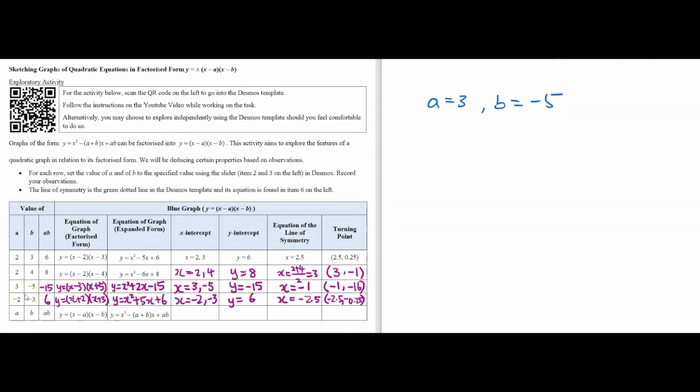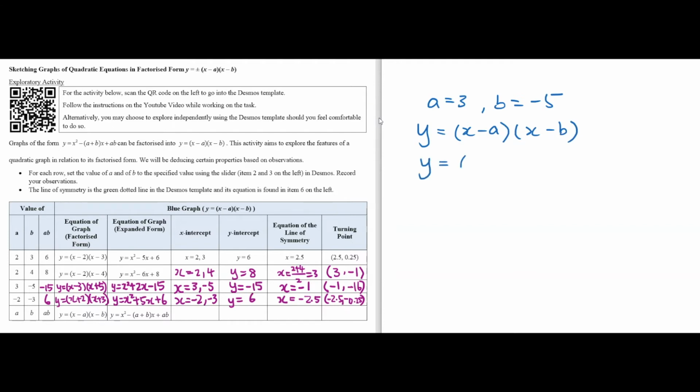Before we get started on generalizing this whole situation, I would like to talk you through a equals 3 and b equals -5 and how this impacts the factorized form. Previously we have not dealt with negative values of a or b, so let's be careful. If you made some mistake, it's probably because of this. With a equals 3 and b equals -5, we have the general form y equals x minus a multiplied with x minus b.